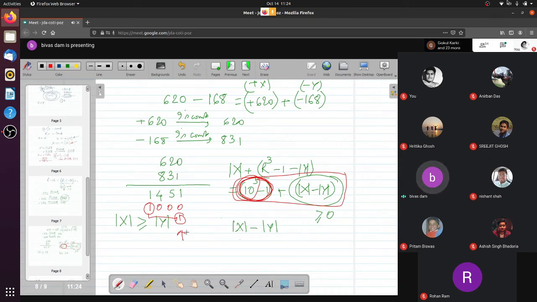So if one particular 1 is available here, I shall take it out from that position and add it at the least digit position. That will cancel out this minus 1.